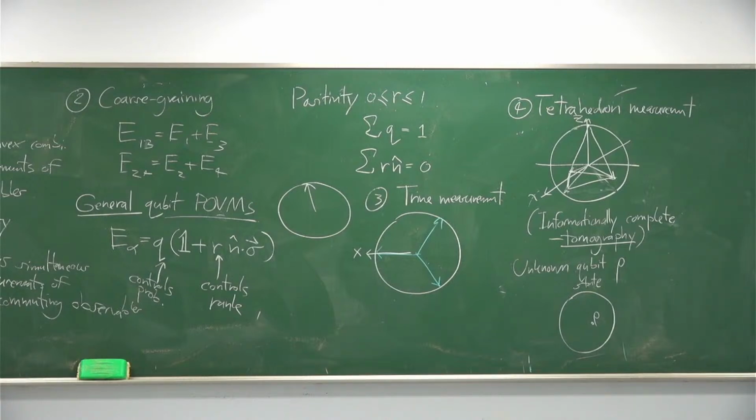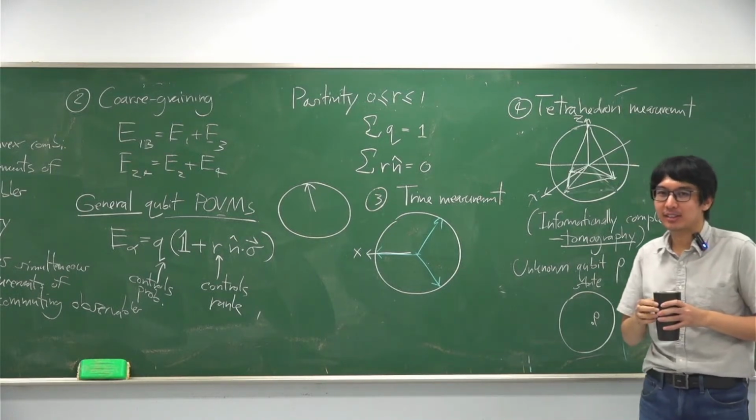So that would be 3, right? Is this consistent with what you call the dimension of rho? Yeah. Anyone else?